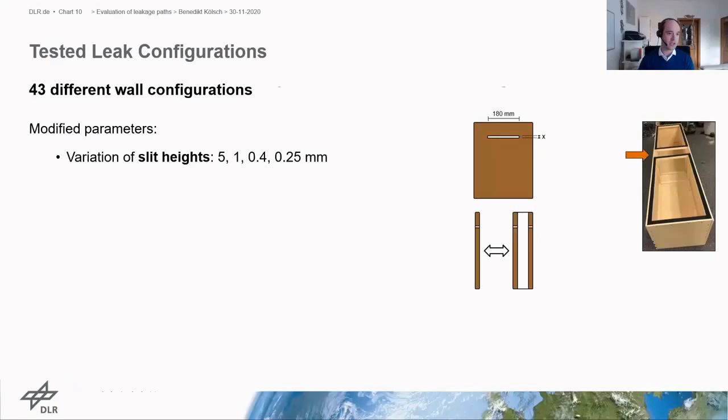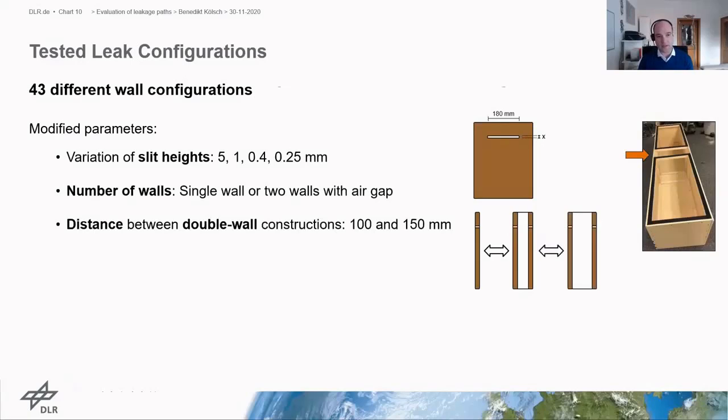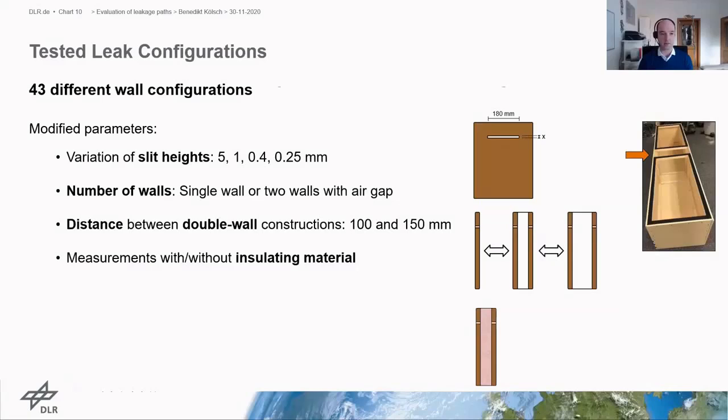Further, we changed the number of walls, so we investigated only single walls between them and double walls with an air gap in between. Then we changed the distance between these wall constructions with a parallel leak between 100 and 150 millimeters. And to make it more realistic for some measurements, we put insulation material inside as well, as it is done in real buildings.